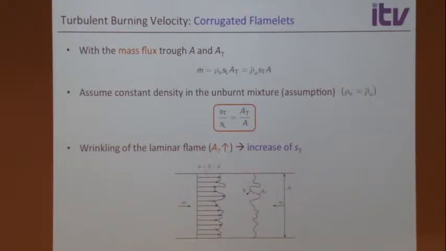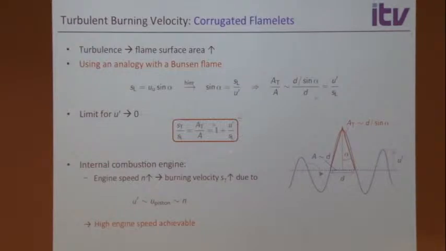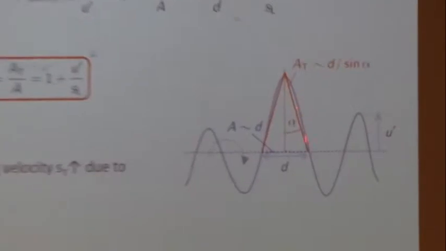Okay, the question now is, can I relate this also to the velocity? Velocity is something I know usually. Can I relate this to the velocity? And what he did then was he looked at the Bunsen flame. Take the Bunsen flame.